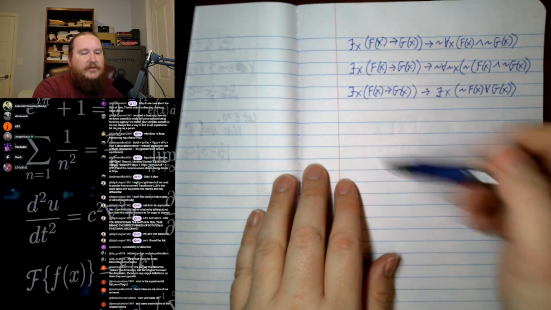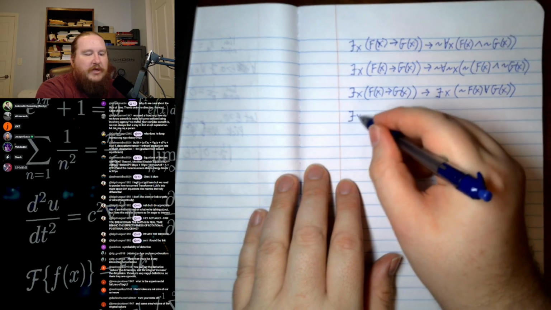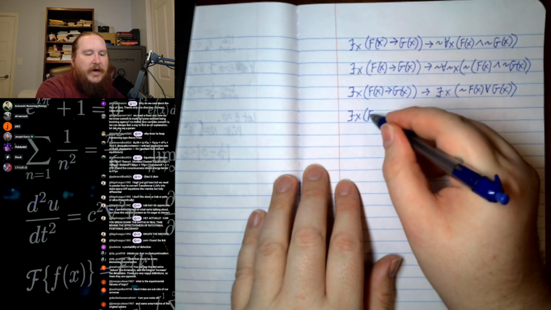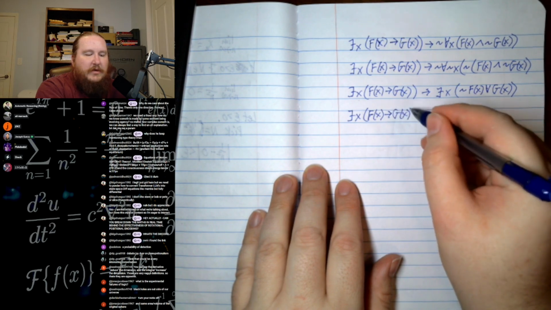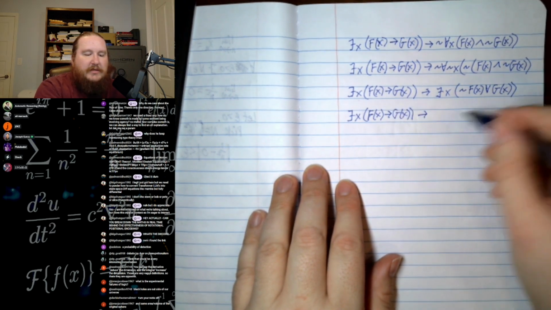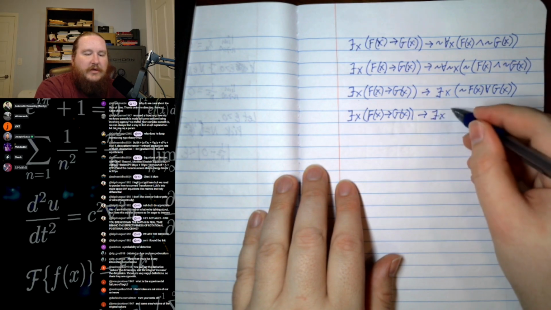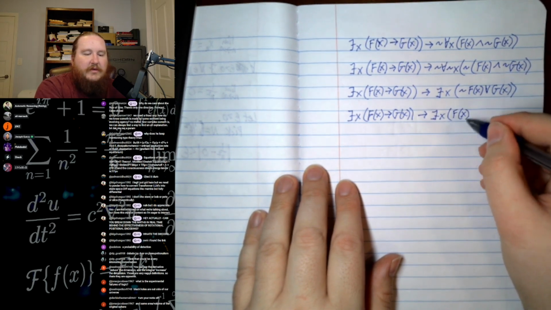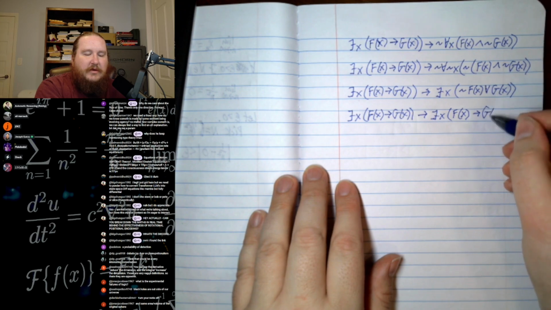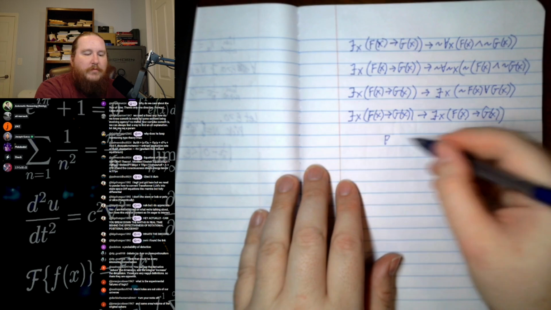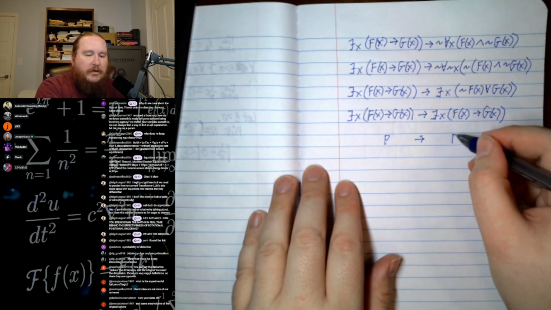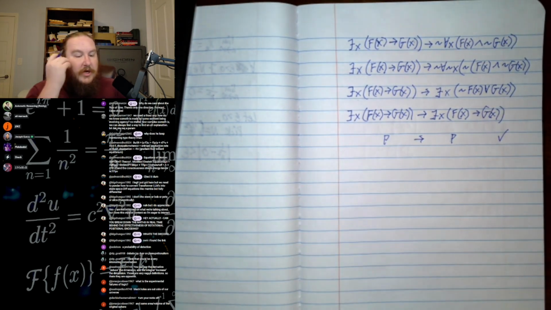So this turns into there exists x, f of x implies g of x, implies there exists x, f of x implies g of x. That makes this a tautology because this is of the form p implies p. And so you're done, right?